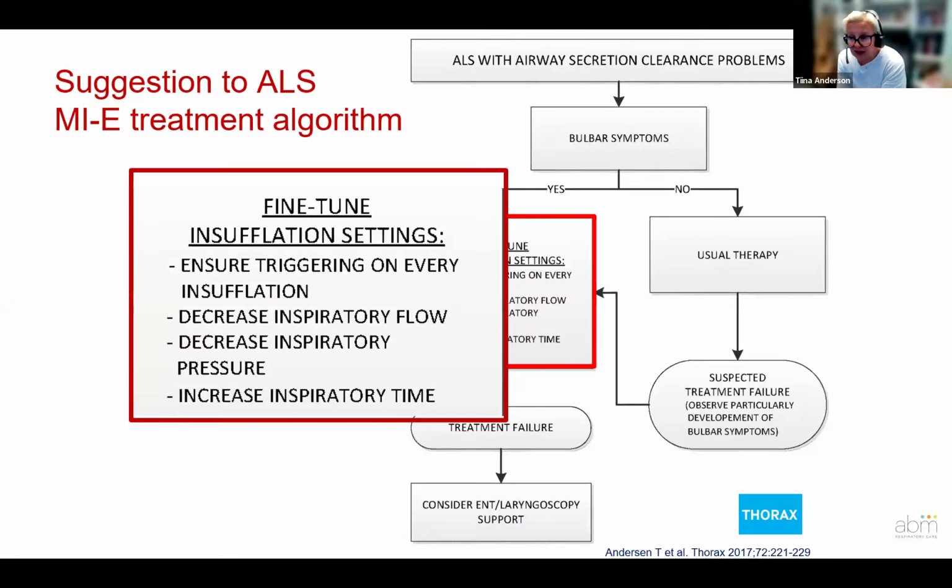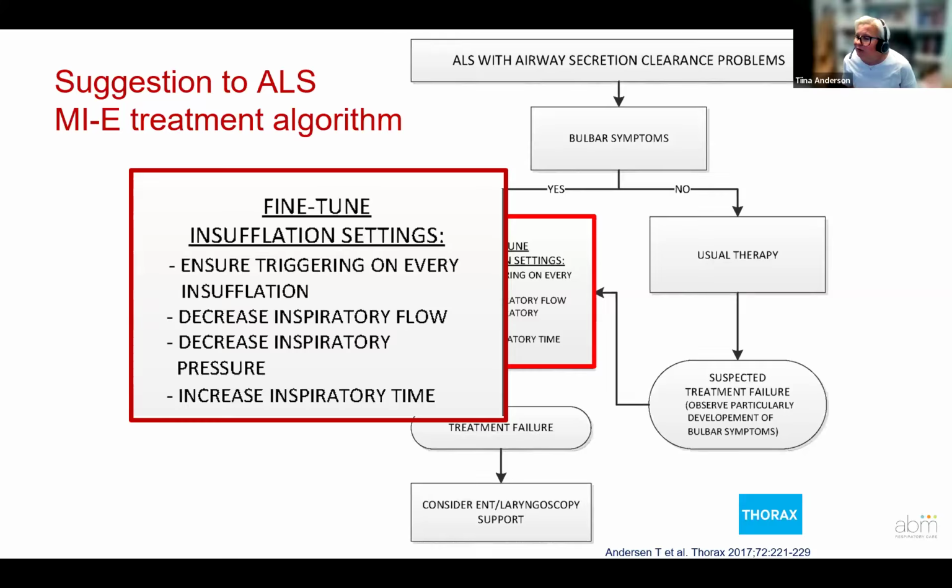So, ensure triggering on every insufflation, and maybe you remember from last week that there was a phasic relationship between the diaphragm and the only abducting muscle in the larynx. So if we activate our diaphragm first, we also open the larynx and create better conditions for air to enter.